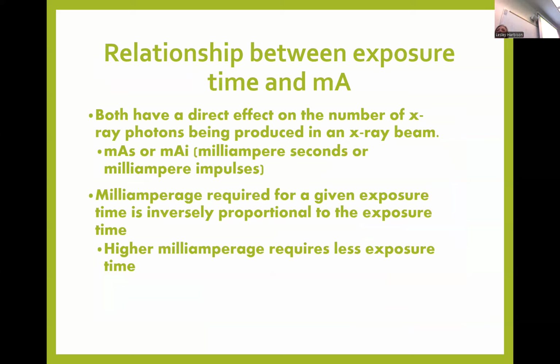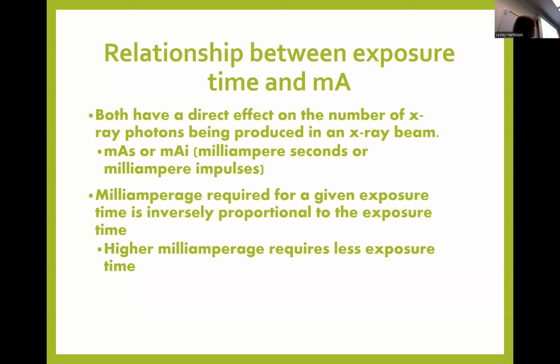Okay, so the relationship between exposure and this: both have a direct effect on the number of X-ray photons being produced in an X-ray beam, the exposure time and MA. That's because as we are pushing the button, we are taking those available electrons that are determined by the milliamperage, or MA, and we're giving them that high voltage so that they fly across.